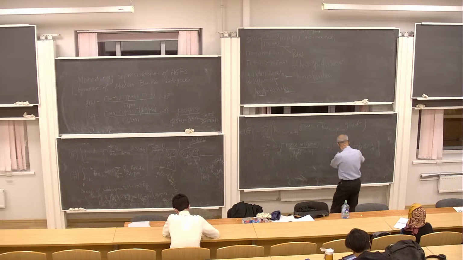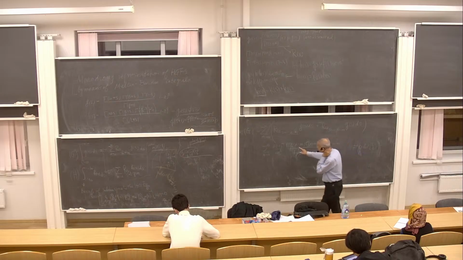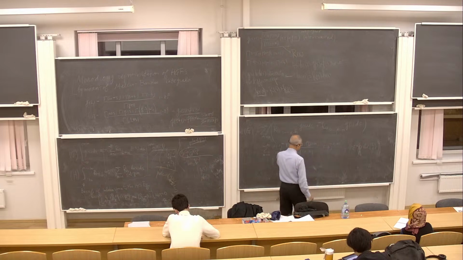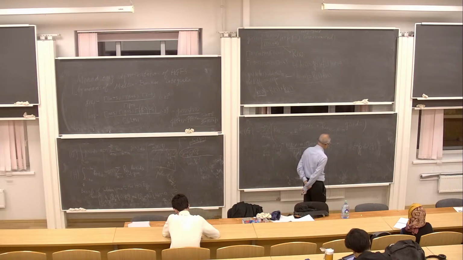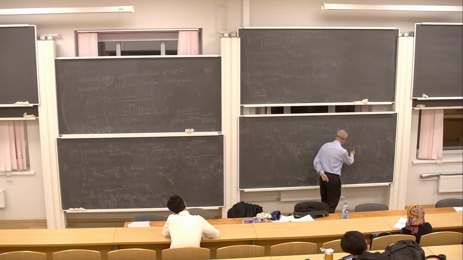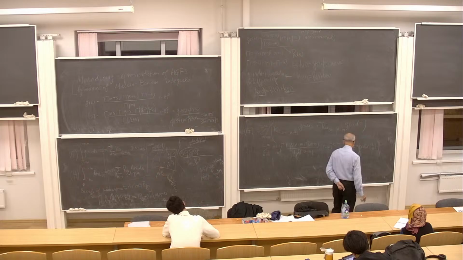So this is the characteristic exponent of this. So rather monodromy of this function is governed by this exponent.